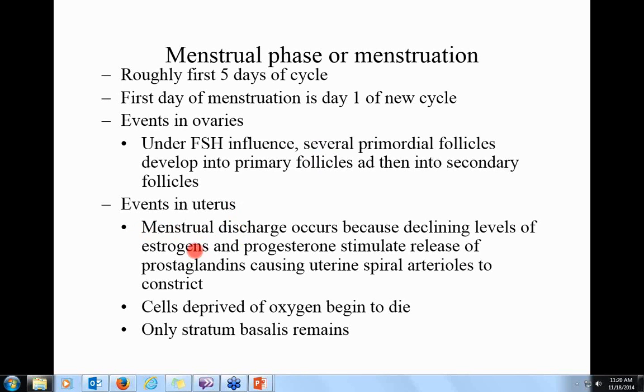In other words, your estrogen and progesterone levels are declining, and the endometrium is going to die off. There are 2 layers to the endometrium, the stratum basalis and the stratum functionalis. The basal layer, as in the skin, is the one that's constantly reproducing, whereas the functional layer is the one that changes depending on the woman's cycle.